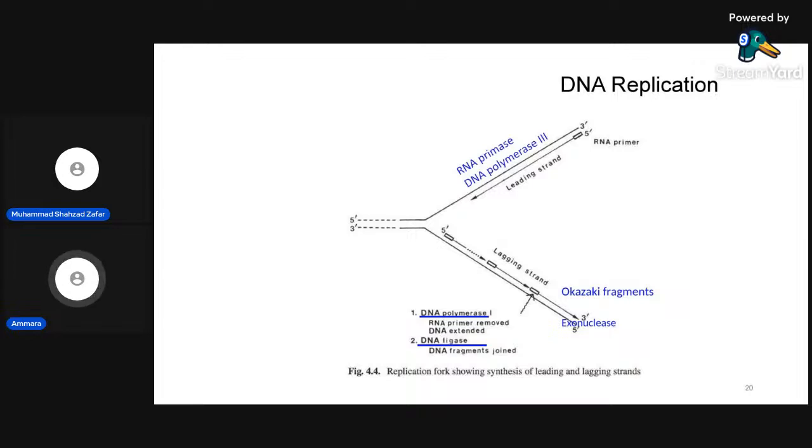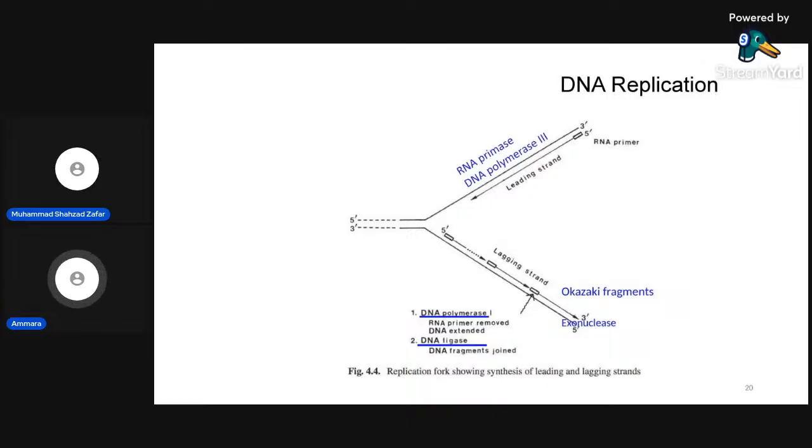Here you can see that in one strand the enzyme continuously unwinds and breaks the hydrogen bonds, and DNA primase attaches. Then DNA polymerase will come and start synthesizing the new strand.